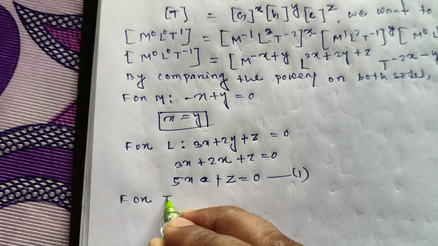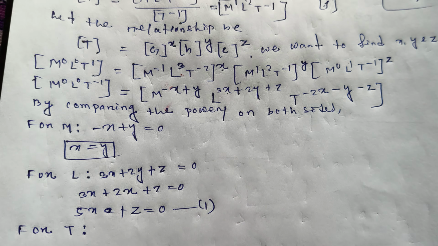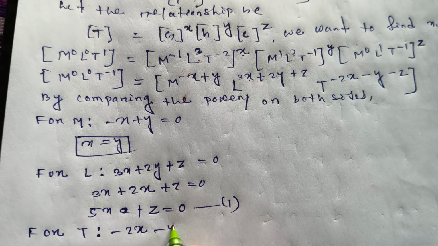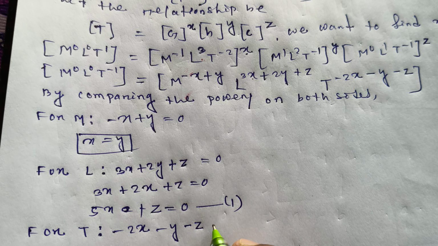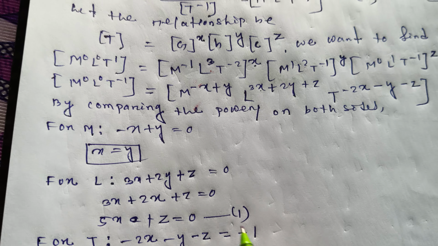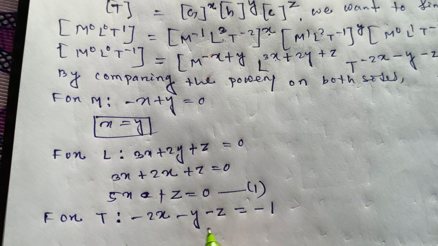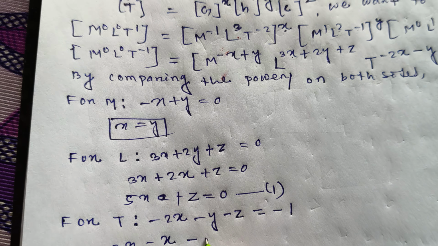For t, here the t term is equal to minus 2x minus y minus z, and the t power is 1. And x is equal to y, so minus 2x minus x minus z.